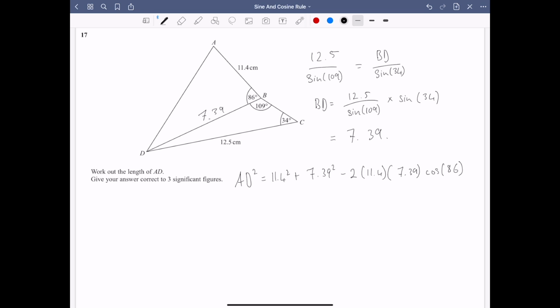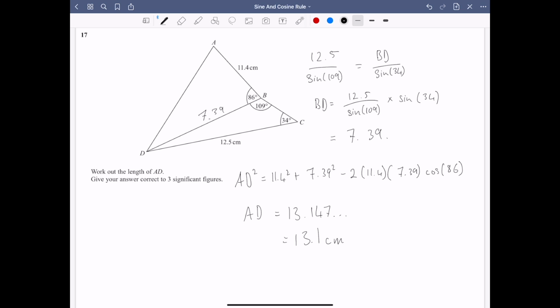Okay, so you put this into a calculator, and then you square root it, and the answer that you get should be that AD is equal to roughly 13.147 something, and we want correct to three significant figures, so that's equal to 13.1 centimeters. So hopefully that's the answer you got.